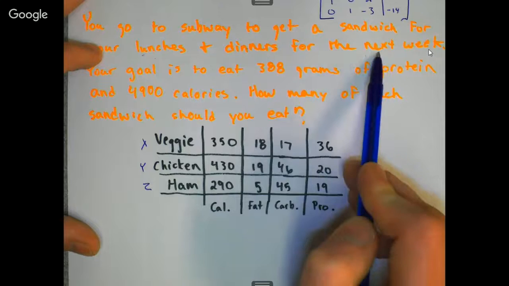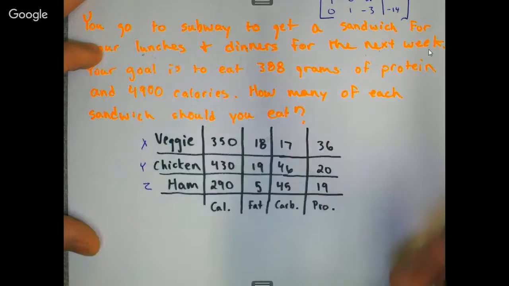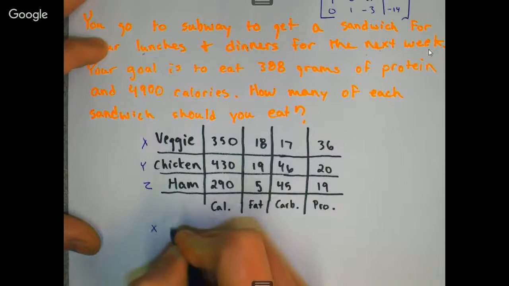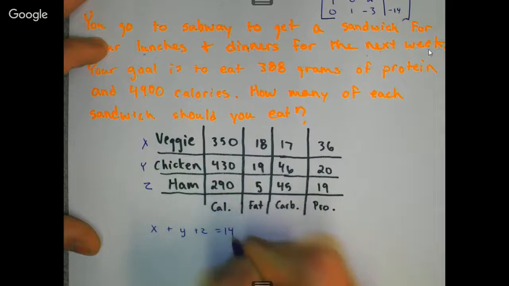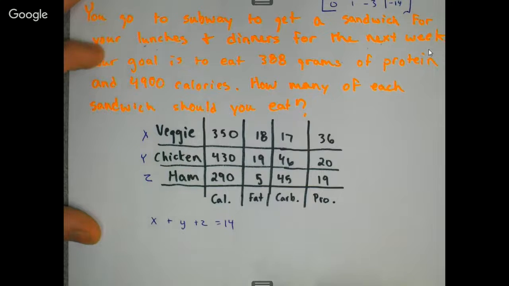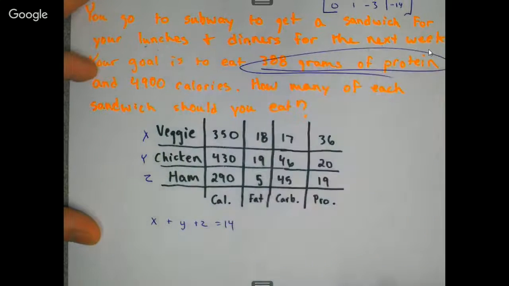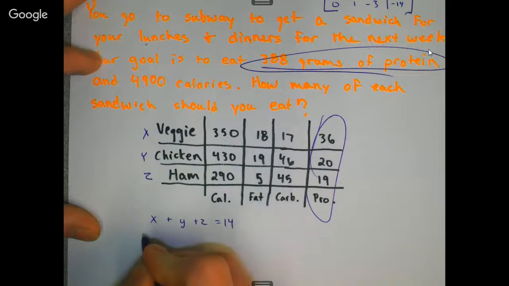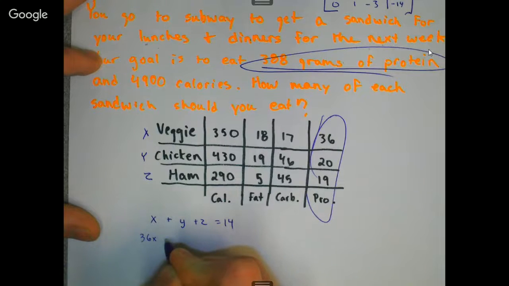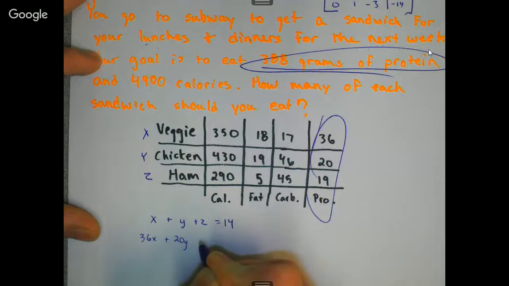Okay. A week is 7 days, 2 meals. That makes 14 meals. So my total number of sandwiches is 14. Now I need 388 grams of protein. If we look here, here's the protein. So I got 36x plus 20y plus 19z.